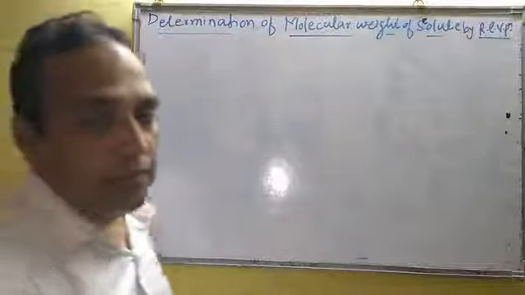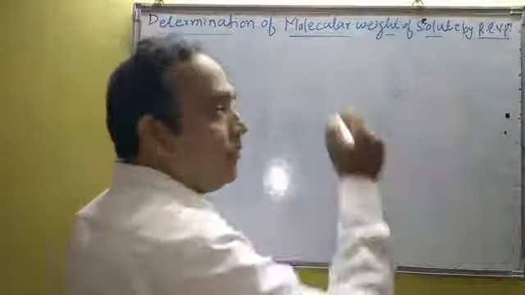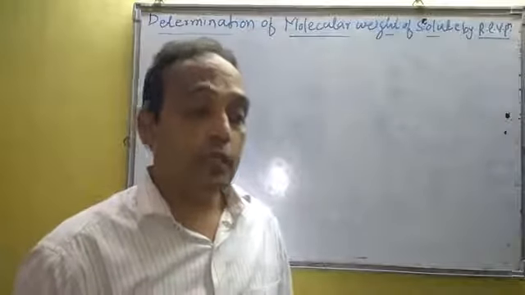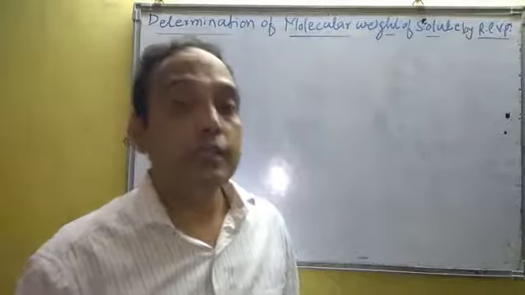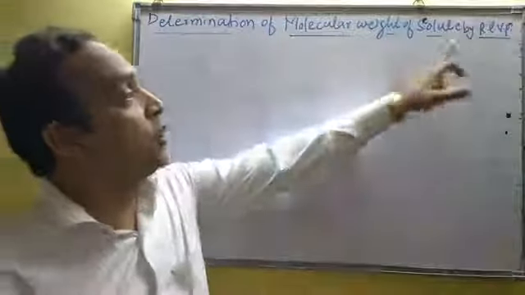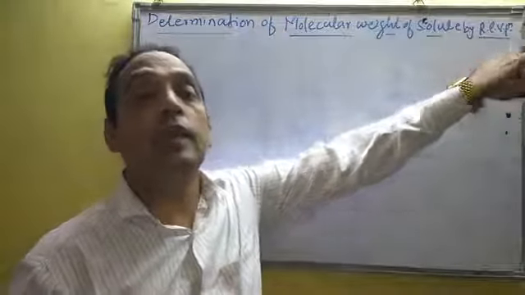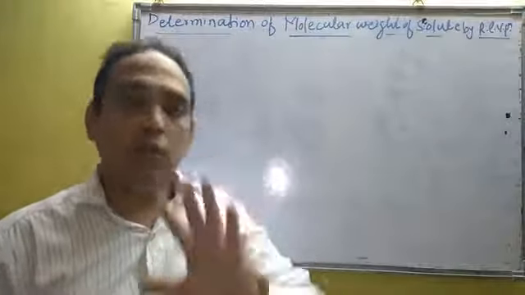As in my second video lecture I have already shown you, 1 is used for solvent and 2 is used for the solute. So molecular weight of solute means capital M2. Now we have to determine the molecular weight of solute by RLVP, means relative lowering in vapor pressure. Simple, we will apply Raoult's law.